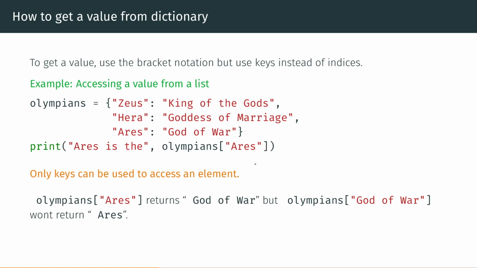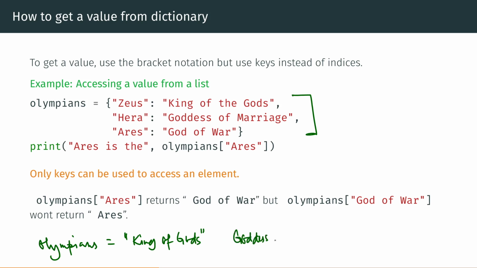So if you were to write a list instead, if you were to store these values in a list, how would you do that? You would say Olympians equals king of gods as the first element, then goddess of marriage, that's the second element, and then god of war, that's your third element.